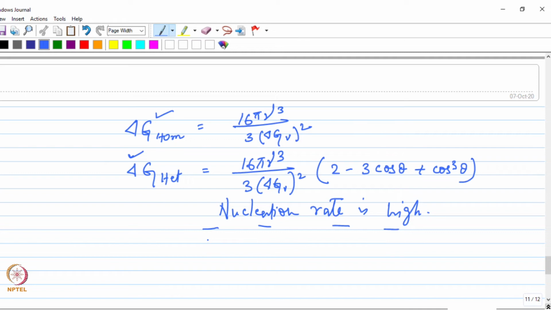So this is all about the nucleation rate. It all boils down to the nucleation rate now. You have to have a higher nucleation rate which can actually beat the growth rate, because the nucleus is also growing.